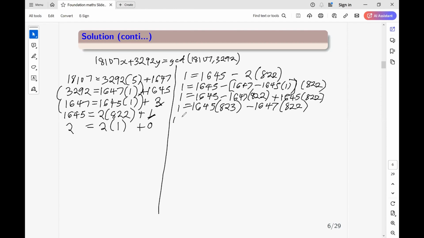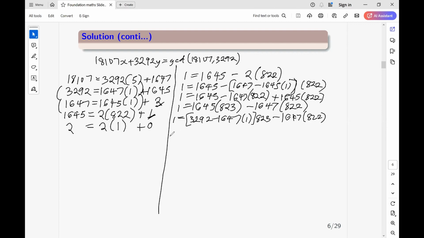Then we're going to have 3292 minus 1647 times 823 times, and then minus 1647 times 822.